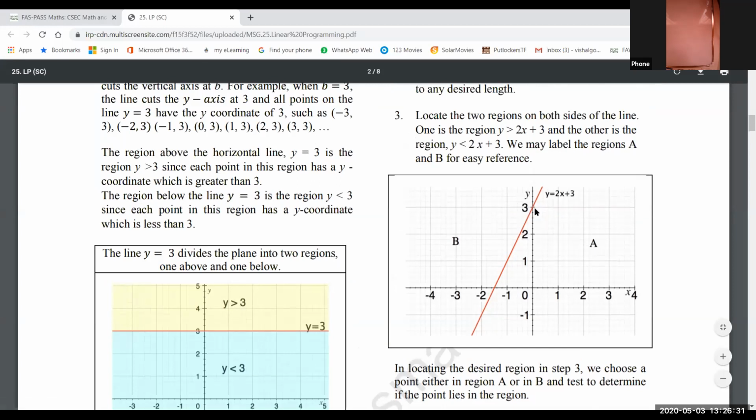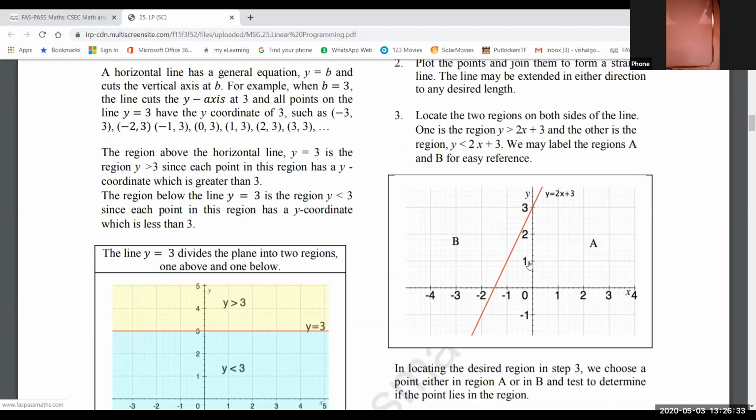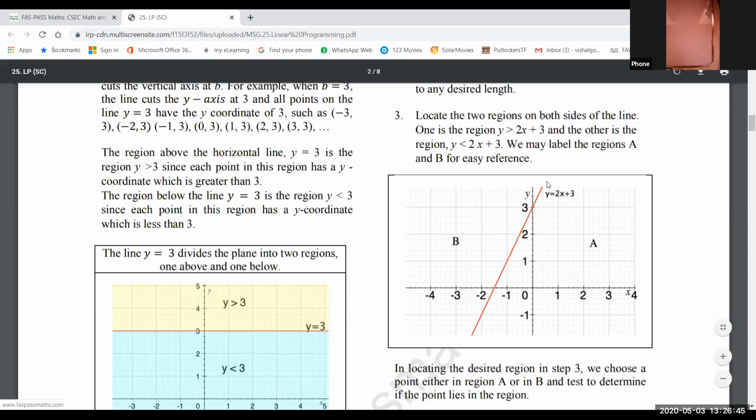And then when x was negative 1, y was positive 1, so that would have been right here. You all follow? Then you would have just taken your ruler and connected the line, and let it cut the axis, and you would have gotten the straight line here.